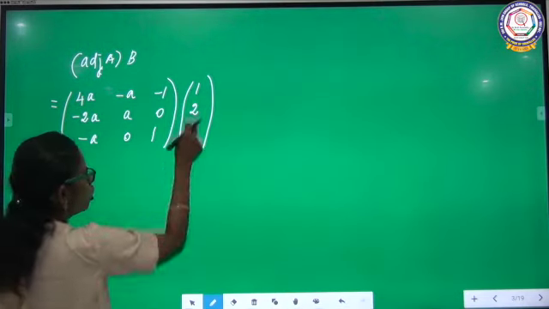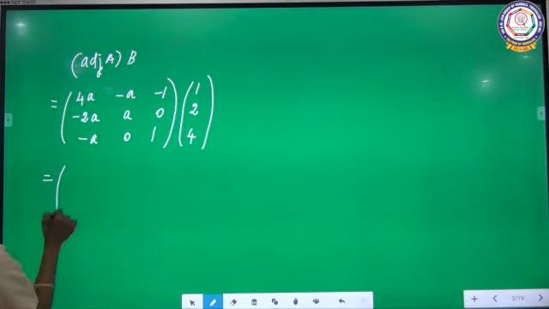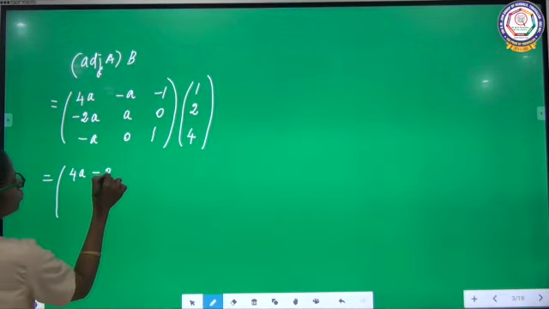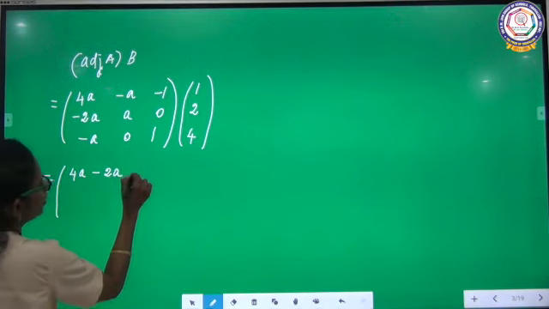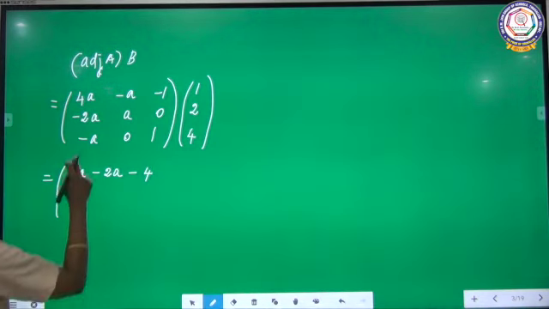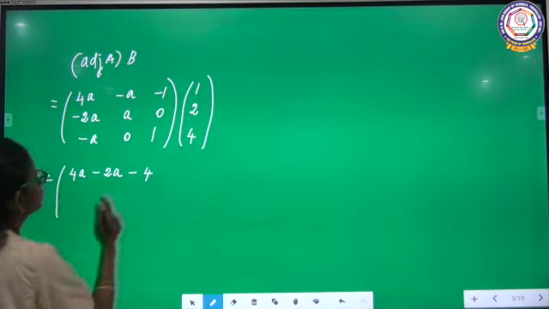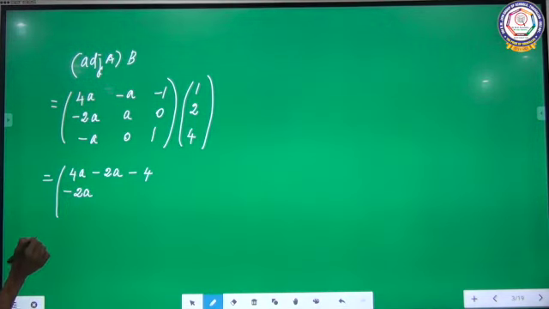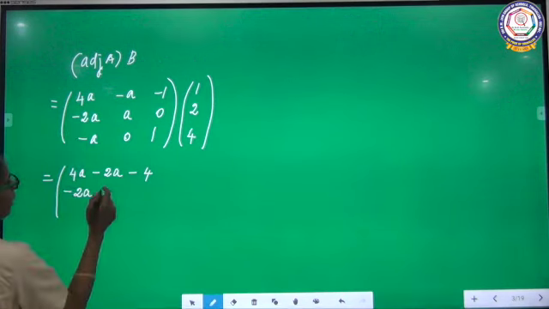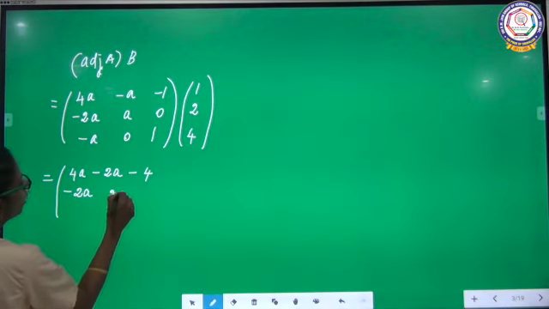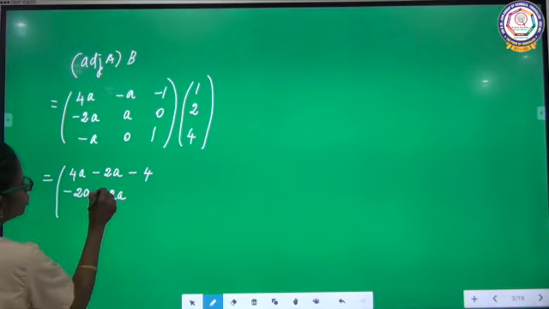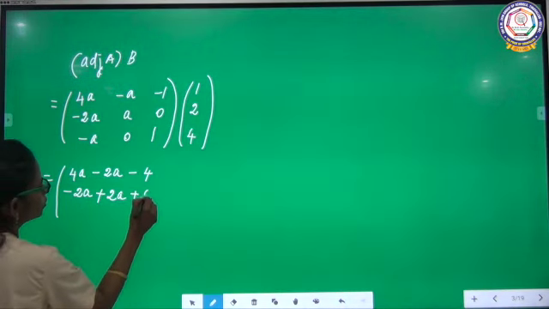The first row, first column: 4A minus 2A minus 4. Second row, first column: minus 2A, 2A minus 2A plus 2A plus 0.